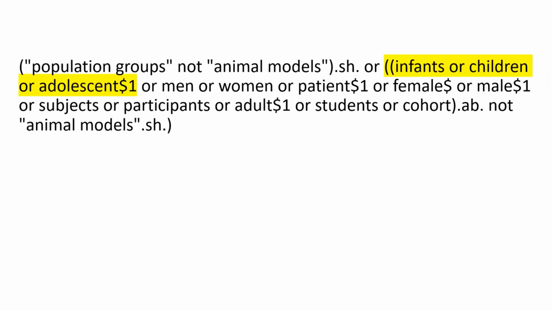But if you want to be more exhaustive, knowing that you are catching all of those studies, then I would suggest that you add an additional set of terms, infants or children or adolescents, to the filter. And that will again look in the abstract for those terms, and cast your net a little bit more widely.